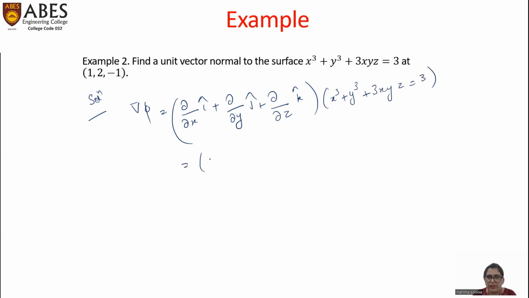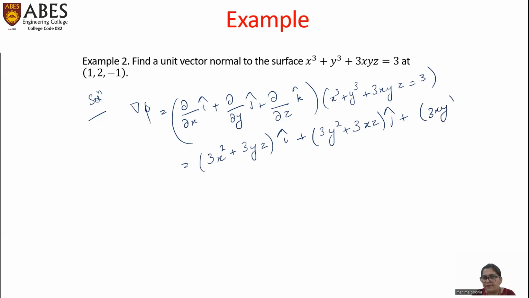Partial derivative with respect to x is 3x square plus 3yz, fine, i cap. Then with respect to y, it will be 3y square plus 3xz j cap, plus with respect to z, it will be 3xy.